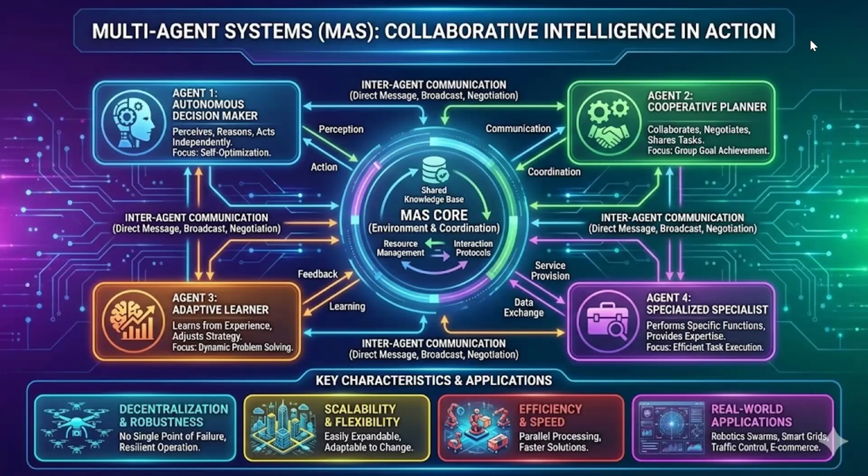The third one will learn from experience and go for dynamic problem solving, and the fourth one will execute the task. Even Google Gemini Pro or any kind of tools you see in the market have a multi-agent system in the background, or else they cannot provide solutions that much faster.